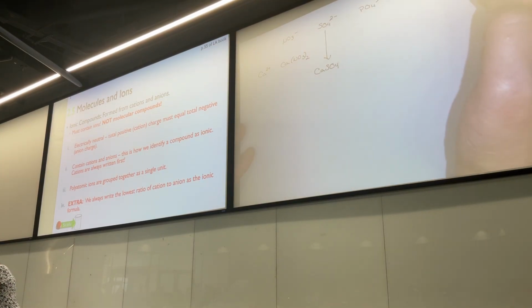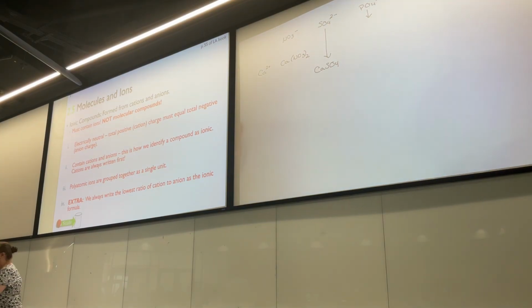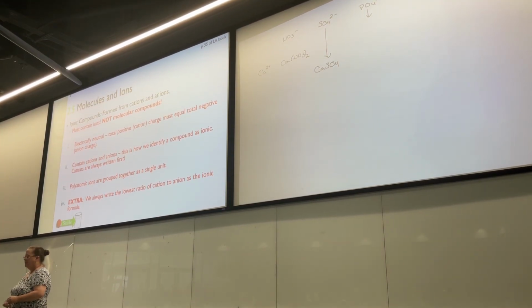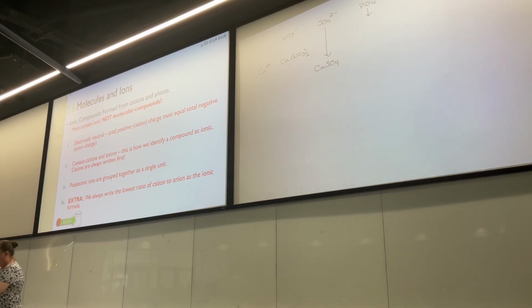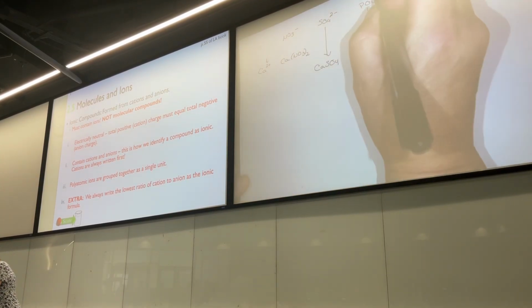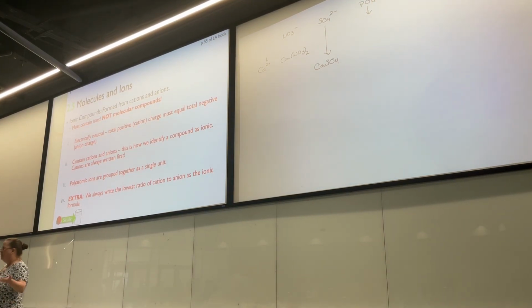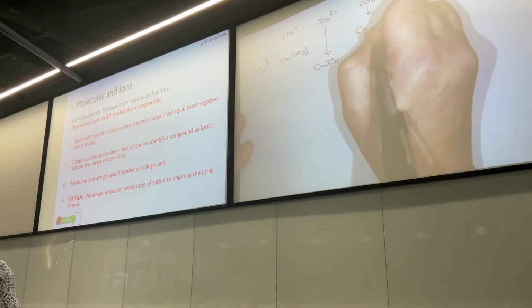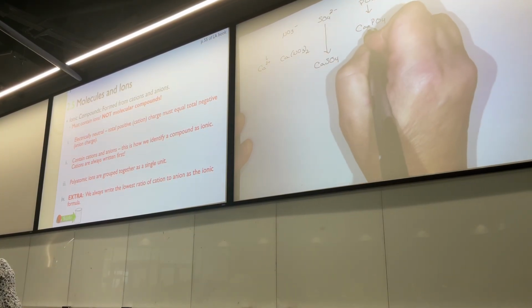How many calciums and phosphates will I need to get a neutral calcium phosphate compound? 3 calciums and 2 phosphates. Many have learned that those numbers kind of tell you something. So if we cross the charges in a way, the phosphate had a 3 on it, so I dropped that 3 over here.